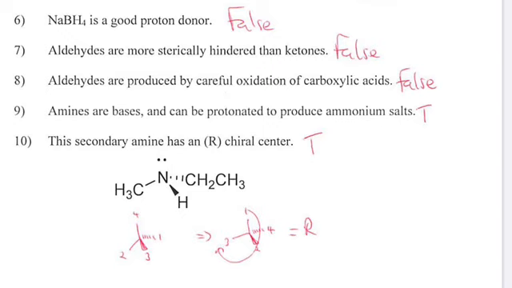You have to oxidize an aldehyde to get a carboxylic acid. Question 9: amines are bases and can be protonated to produce ammonium salts. That's kind of the main function of amines. Question 10 talks about chirality. Obviously, that's true.